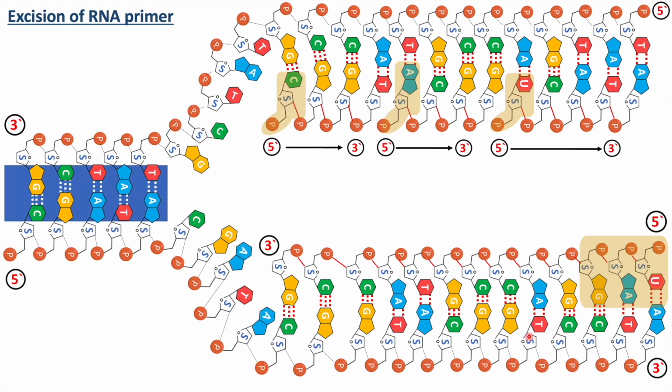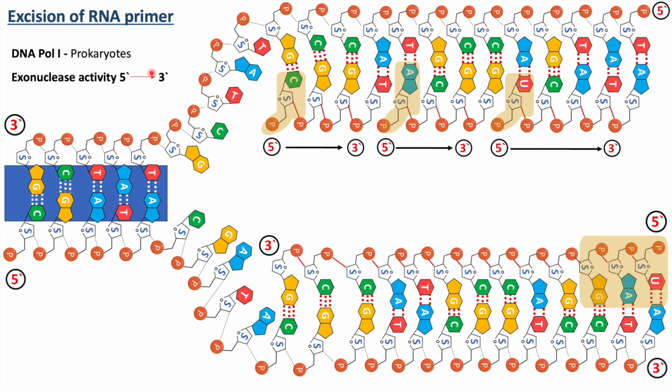Now we don't need them anymore. They must be removed because this is a DNA strand, and we cannot really have these ribonucleotides in a DNA strand. So they must be removed, and that is called excision of RNA primer, and that is performed by DNA polymerase 1 in prokaryotic cells.